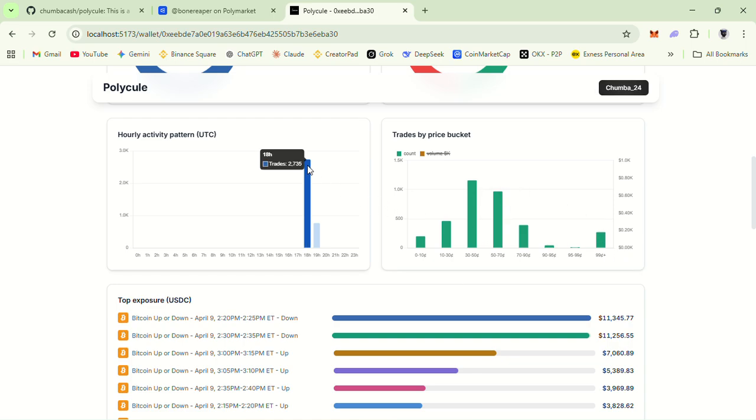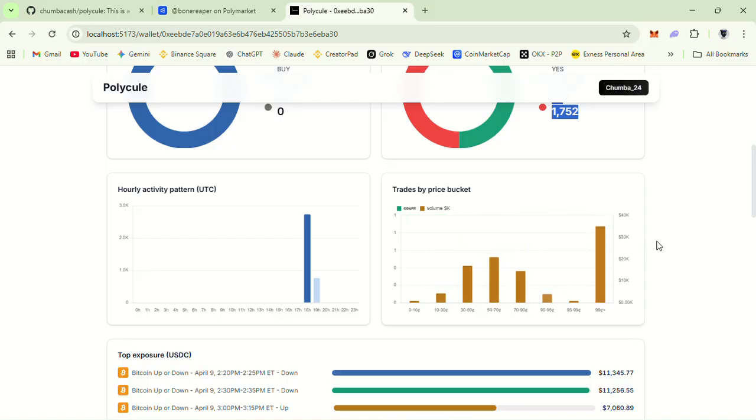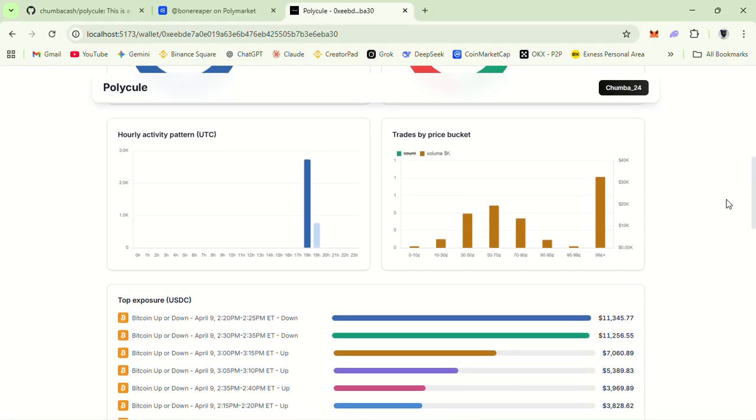This one doesn't matter for now because this account is doing FA trading, so hourly activity doesn't matter. What you can check is the amount, or volume, that it is trying to inject into the market.